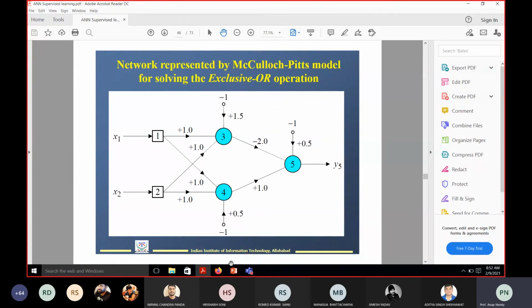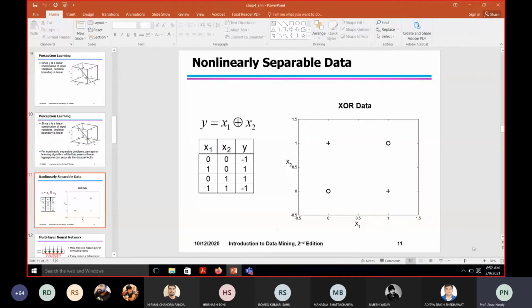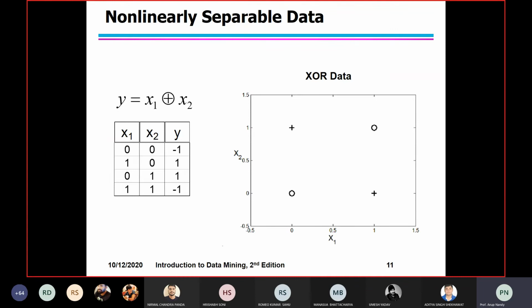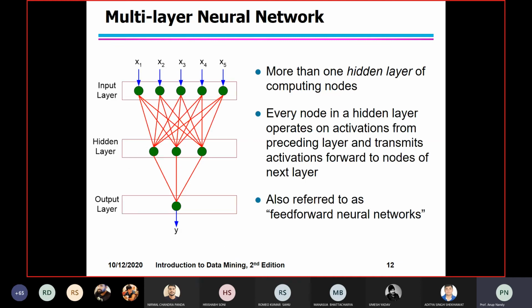Okay, so these are the things. The most important thing is that there is one other PPT, with X1 and this XOR gate. XOR data cannot be solved by a single-layer model.